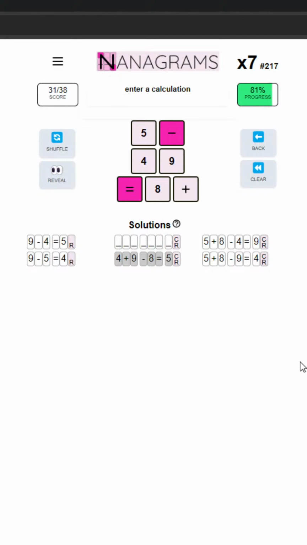What about 8 plus 5? We already have 8 plus 5 minus 4. Wait, there's got to be another combo here that can help do something for us. 4 plus 8 minus 9. Is that incorrect?